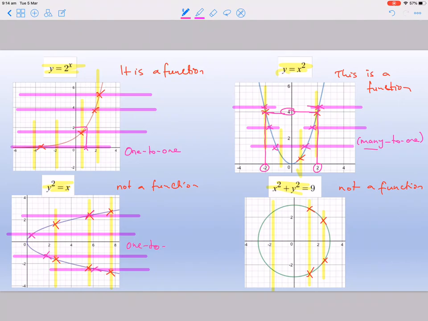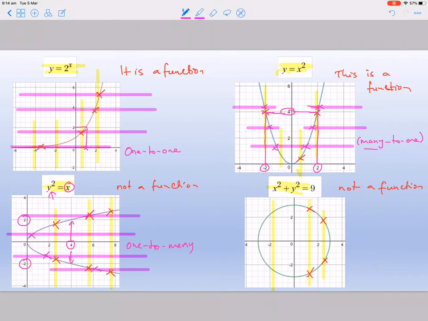The reason is that we can get one x value and get two y values. If the x value is 4, we go up here and we get two y values, 2 and -2. So from one x value, we get many, which is more than 1.